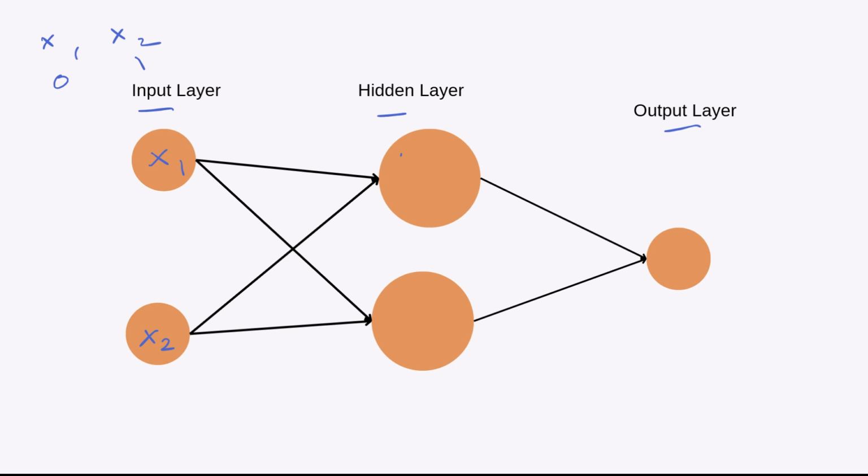Then the hidden layer neurons, you can call them h1 and h2, and the output layer, we can call it O. One thing I would like to explain here is each neuron will have 2 steps. You can call them output and activated output. So Z1, H1 and Z2, H2.